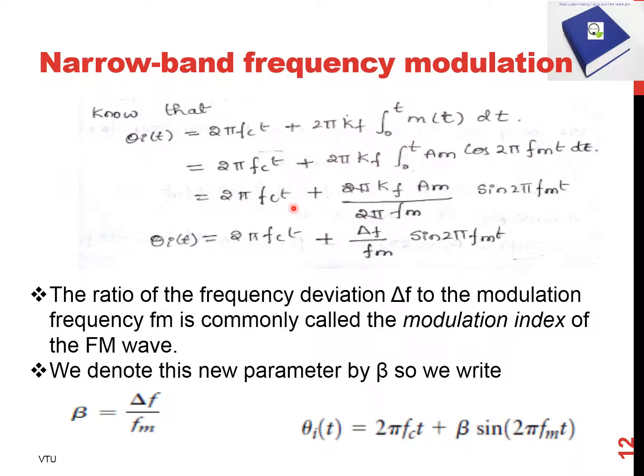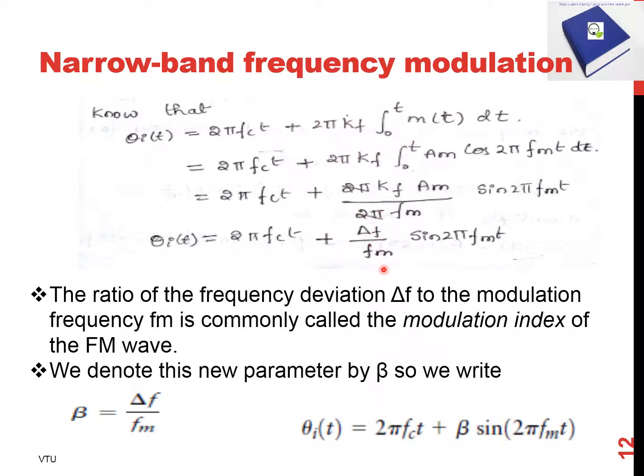Now 2 pi fct plus 2 pi kf Am times the integral 0 to t of cos 2 pi fmt, that is sin 2 pi fmt divided by 2 pi fm. 2 pi cancels, so remaining is theta i of t equal to 2 pi fct plus kf Am divided by fm. Kf Am we can rewrite as delta f.